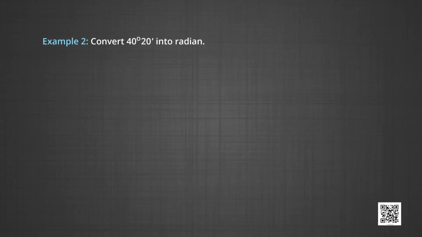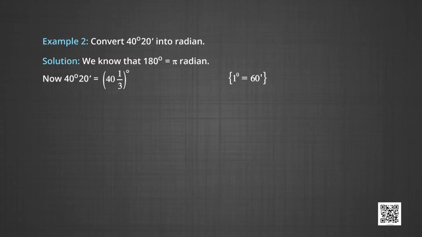In example 2, we will convert 40 degrees 20 minutes into radians. We know that 180 degrees is equal to pi radians. First, we will convert 40 degrees 20 minutes into degrees. Since 20 minutes is equal to 1/3 degree, 40 degrees 20 minutes is equal to 121 by 3 degrees.